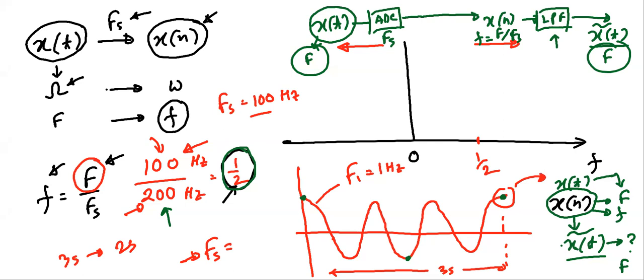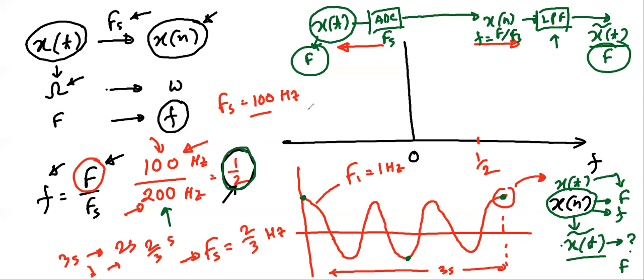So in 1 second, we have 2 divided by 3 samples. That is the value, 2 by 3 hertz, for Fs. Per second, how many samples do you have? So that is the value of Fs we got.